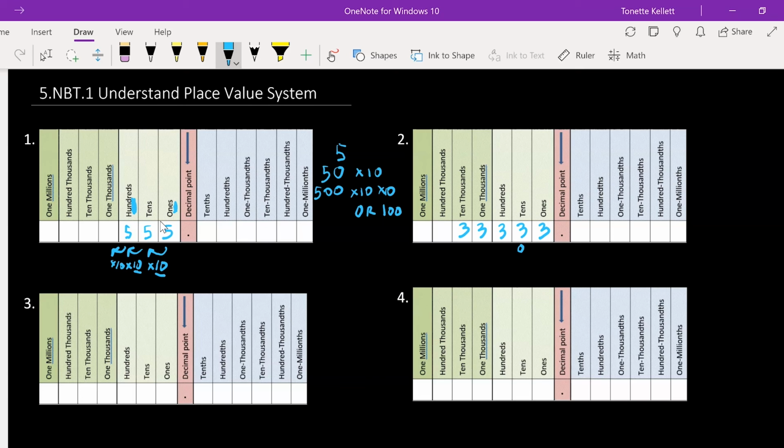You see, I multiply it by 10 when I move it to the left. 3 hundreds, I have 2 zeros here because I've multiplied it by 10 and 10, 2 tens. All right, 3,000, I have 3 zeros here because I've multiplied it by 3 tens: 10 times 10 times 10.